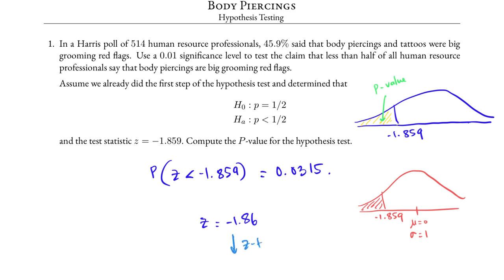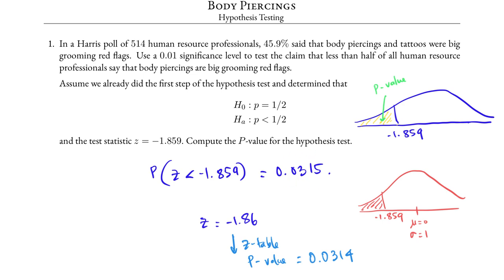Again, with the z table, we will see that the corresponding p-value or the probability on the left-hand side of the z-score will be 0.0314. The reason why we get a different p-value using technology versus using the table is because with technology, the value is more accurate.